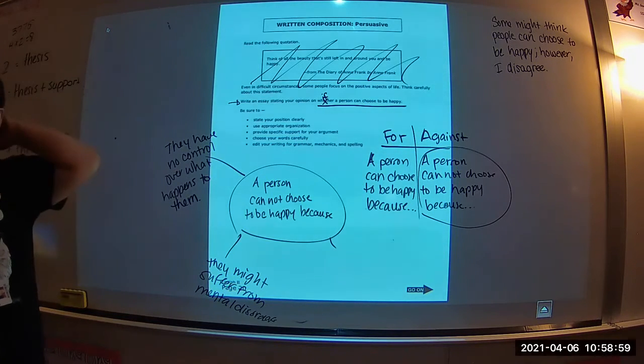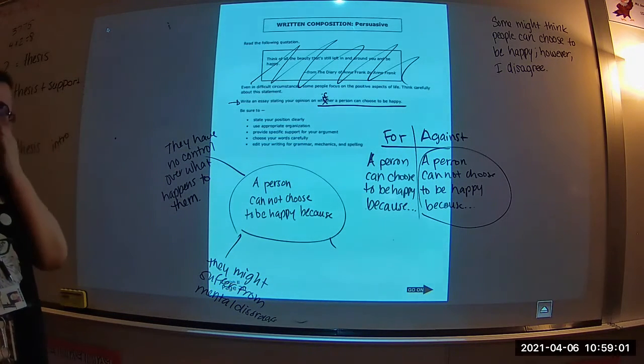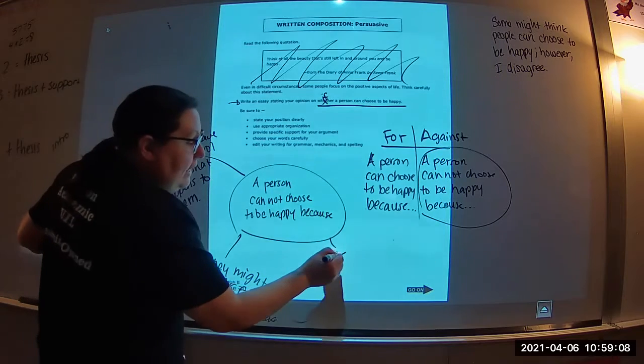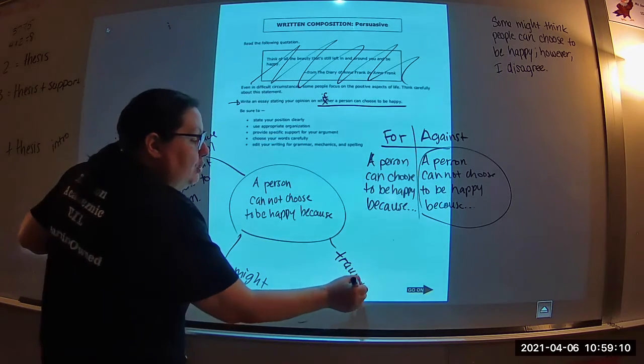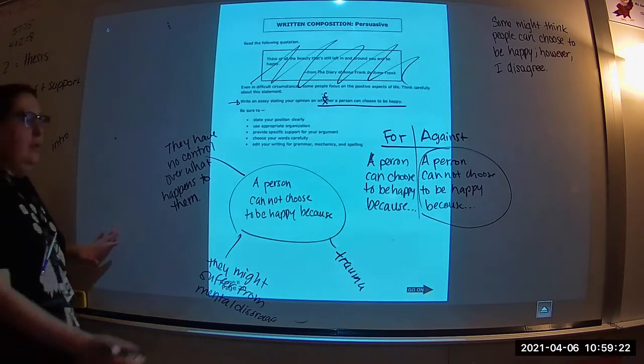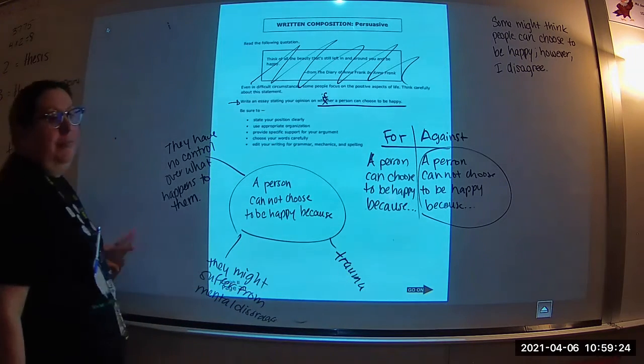Is there one more that we might be able to find? I was gonna say trauma, but that could be another. Yeah, but you can still write it. Anything that comes to your mind, I want you to write it. The reason I want you to write it is how many times have you been thinking of stuff and you're like, oh, that's a good idea, but then another thought comes in real fast and you're like, what was I just thinking? So write everything because there's nothing saying that you can say, oh, that's way off, right?